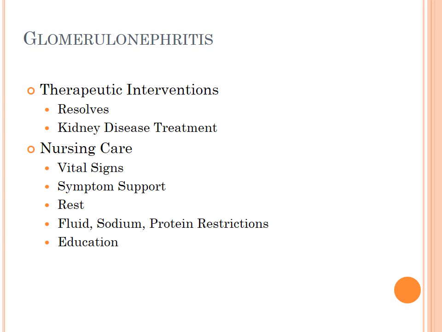So it can resolve on its own, and you see it with children acutely. They'll recover without any difficulty. Adults may recover, or else they may also progress to a chronic glomerulonephritis.